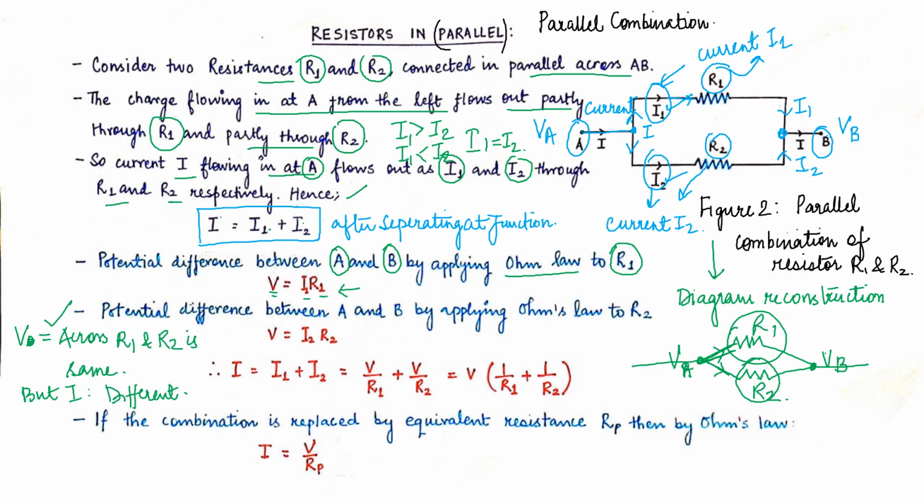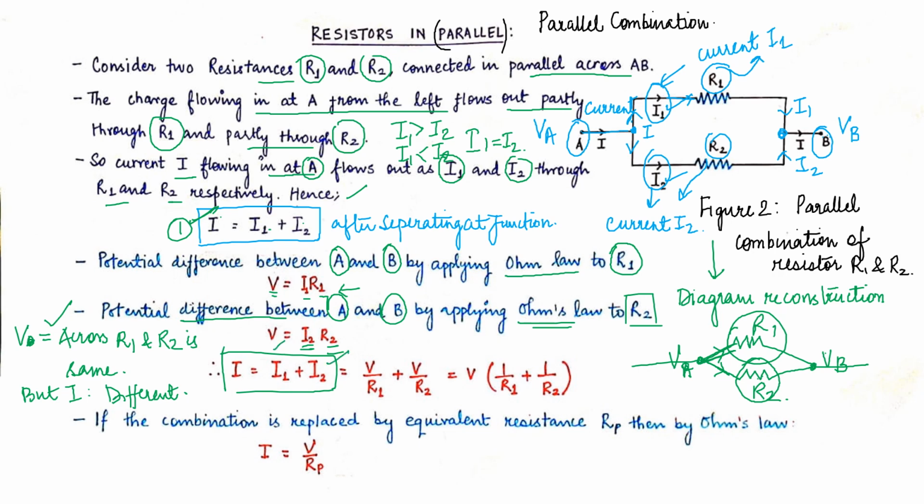Now similarly, potential difference between A and B by applying Ohm's law to R2, we will get V equals I2 R2. And see over here our first equation. From here we know that I equals I1 plus I2. From here we have to substitute the value of I1 and I2.